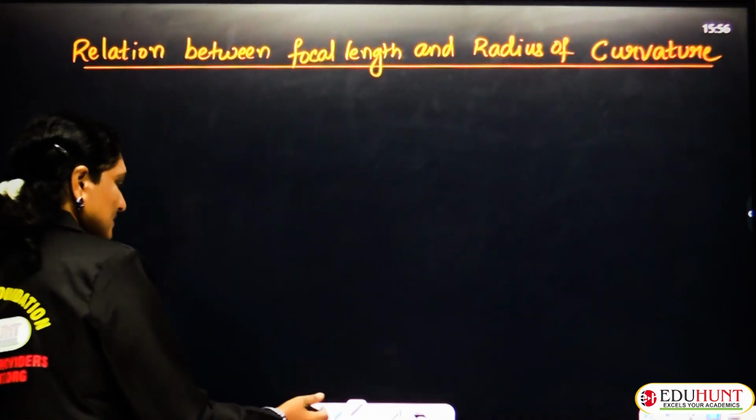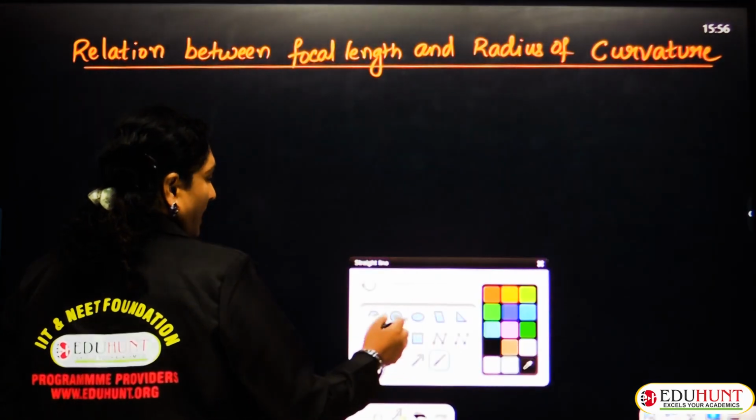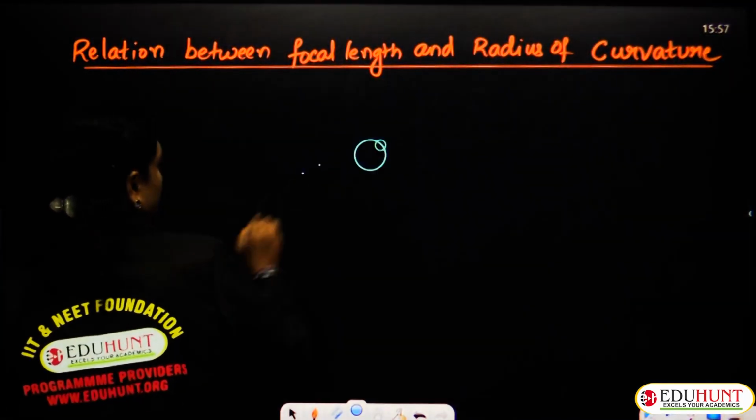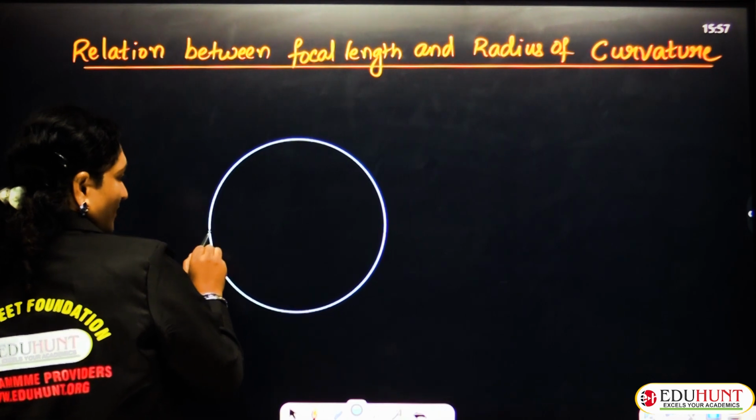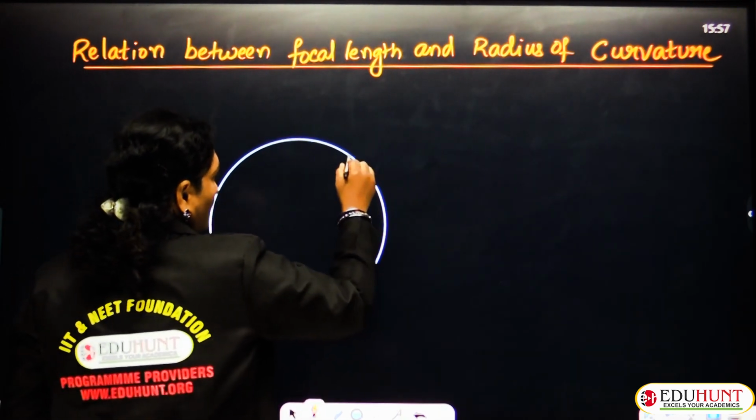Convex mirror means, for that we have to consider a large sphere from which a portion is being cut.